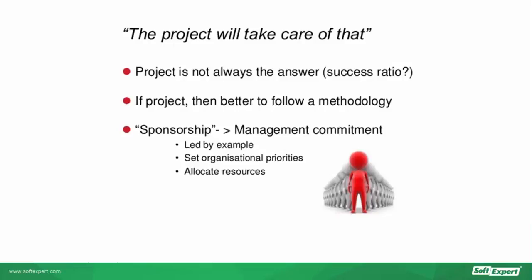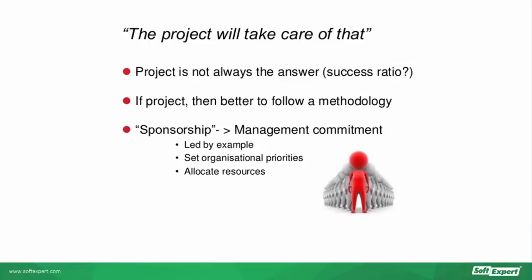Interesting to know that PMI, one of the US project management frameworks, released a study last year, 2015, suggesting that the success ratio of project management is around 64%. So only that many of the projects resulted in success, which means the rest failed for a number of reasons.